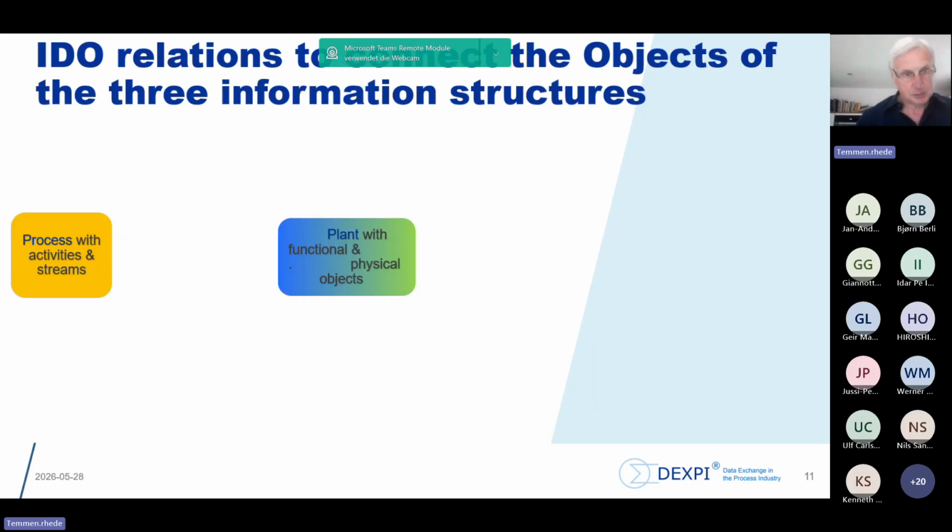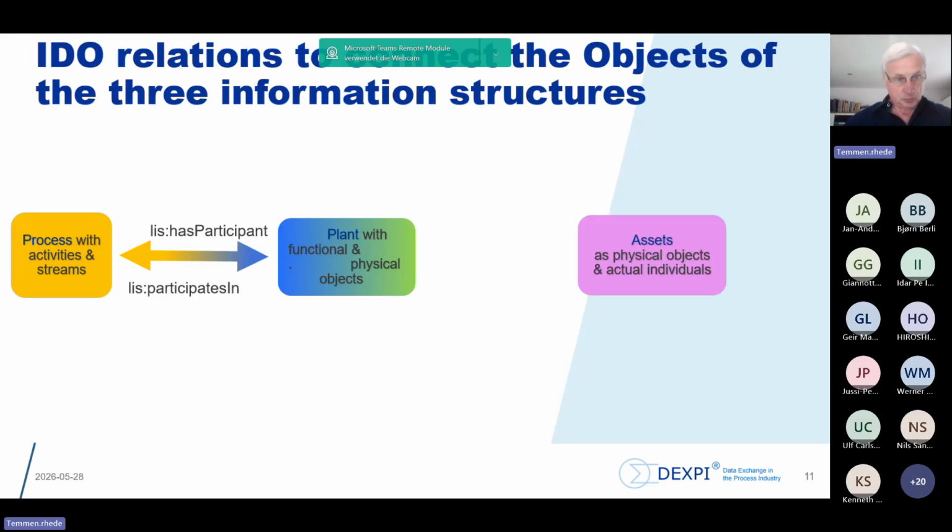And the relations between, we had it some weeks ago. There we could model the relations, the first big bridge from the process to the plant, with LIS has participants, vice versa, LIS participates in, and to the right, the direction between the plant and the asset, LIS implemented by and LIS implements.